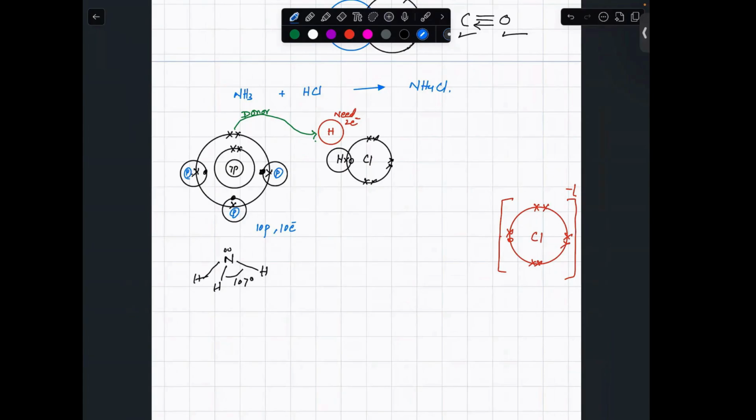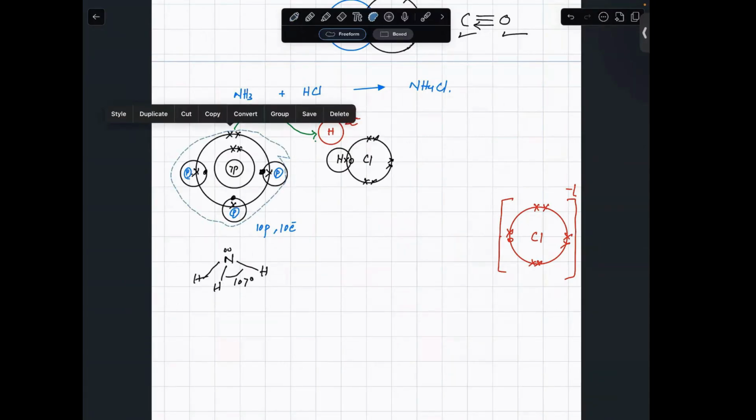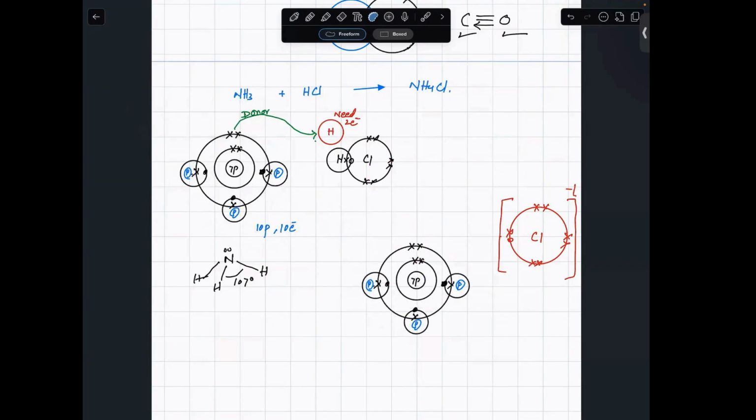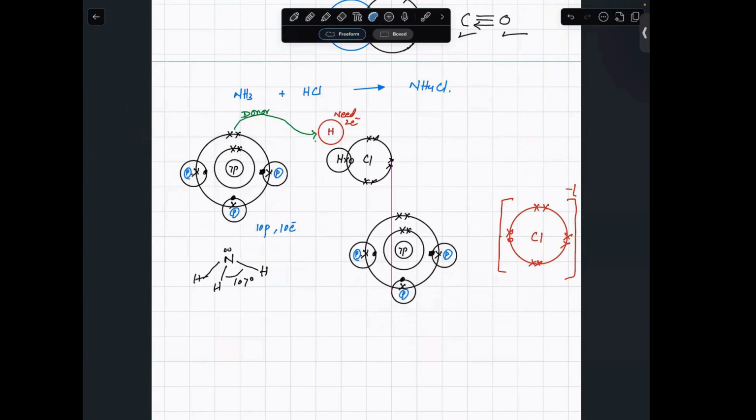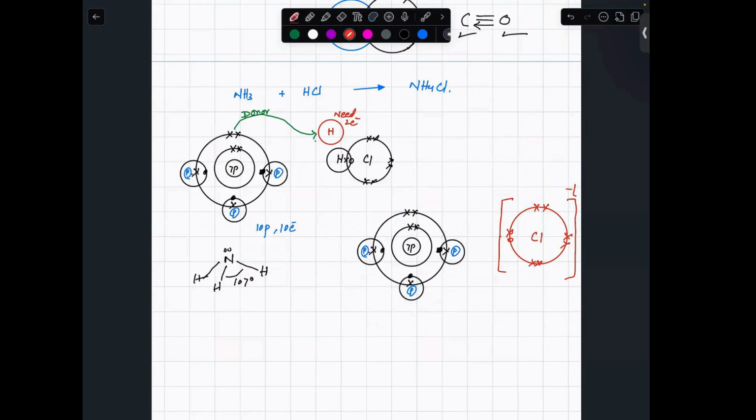So how would the bonding be? Look, I'm bringing this whole thing here. And the hydrogen will share the electron with it. Hydrogen has a proton.